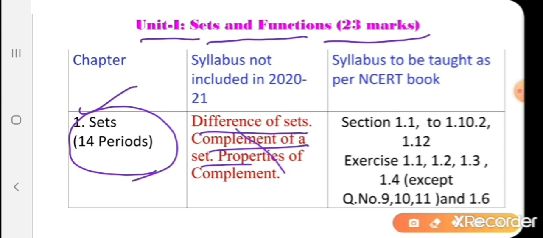Included are sections 1.1 to 1.10.2 and 1.12, and exercises 1.1, 1.2, 1.3, 1.4 except three questions, and 1.6. This much you have to read this year.